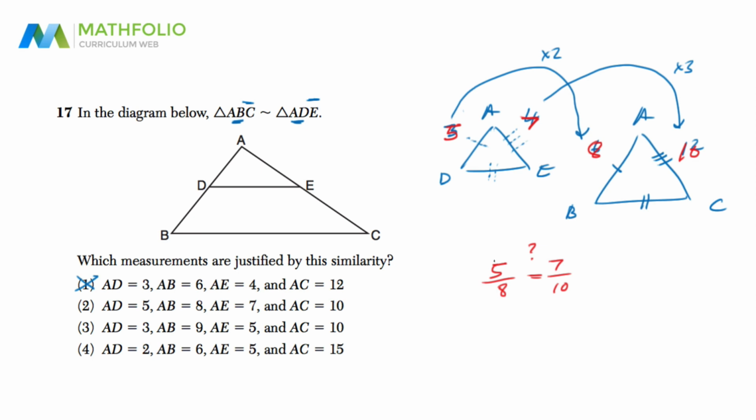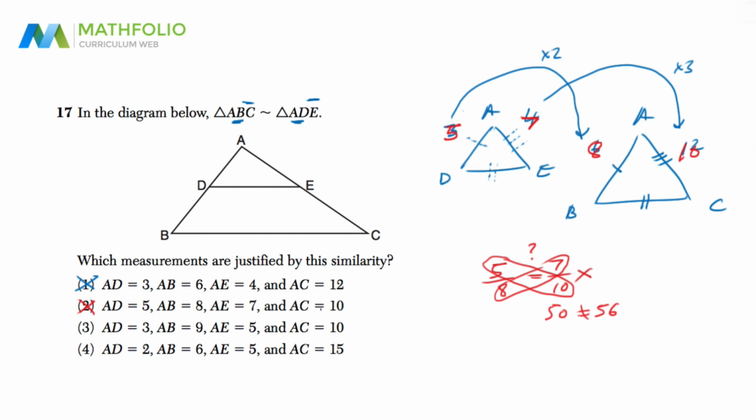If they are equal, then the sides are in the same proportion. If we cross multiply to check this out, we've got 5 tens, 50, and then 8 times 7, 8 sevens are going to be 56. So these two numbers are not equal, so therefore this proportion is not true. So now we can cancel answer number 2.